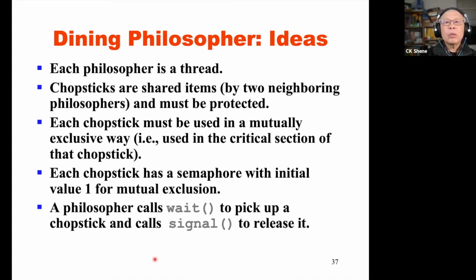So a philosopher calls wait of that semaphore to pick up a chopstick. After using it, that philosopher calls signal to release it. So this is a very simple idea.